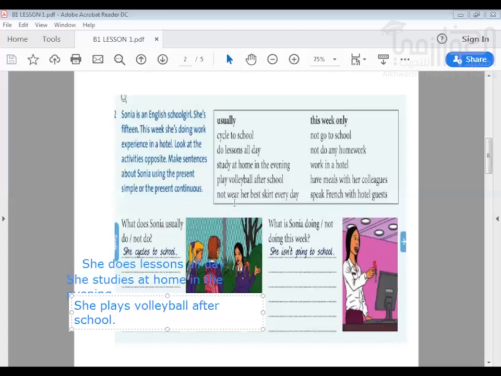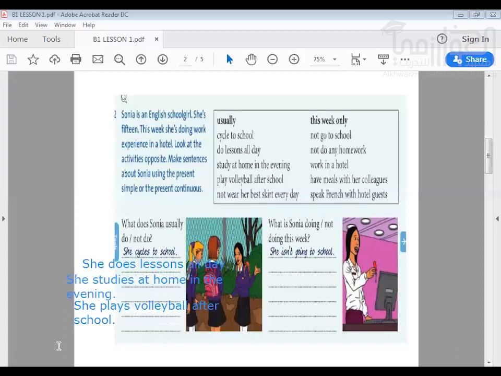And then this is negative. So this is negative. So it will be what? Yes, she doesn't wear her best skirt every day.